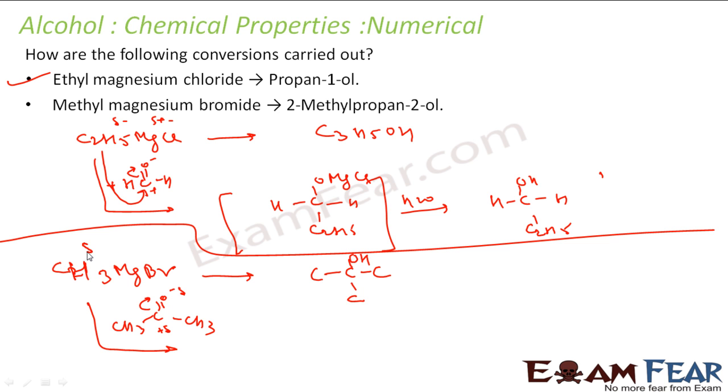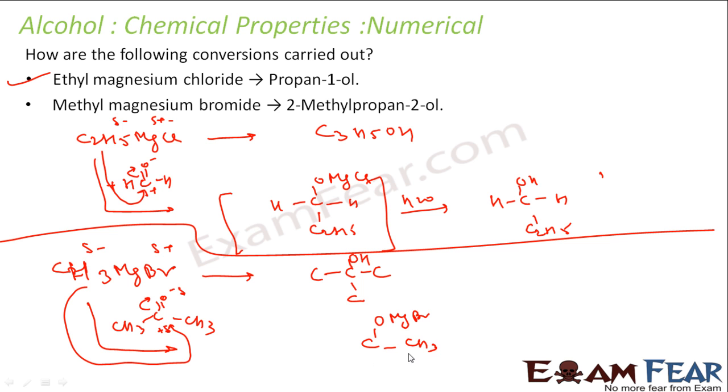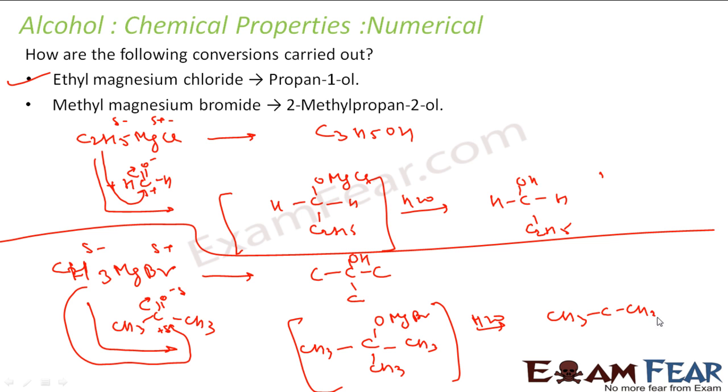The CH3 of the Grignard has a slight negative charge, so it will attack this carbon. The compound you get has OMgBr, CH3, CH3, and one more CH3 here. On this you add water, and OMgBr becomes OH. So this is what I was looking for, correct?